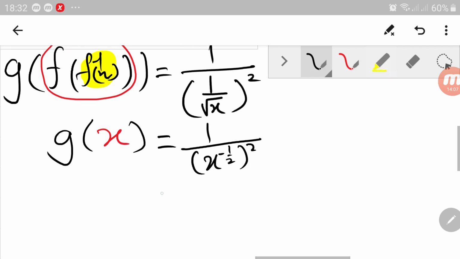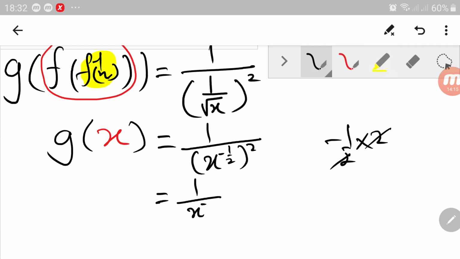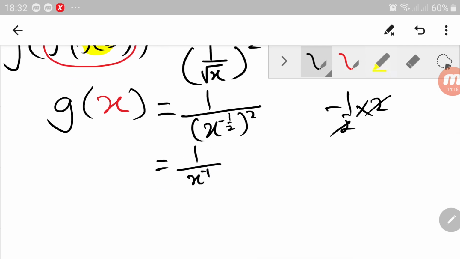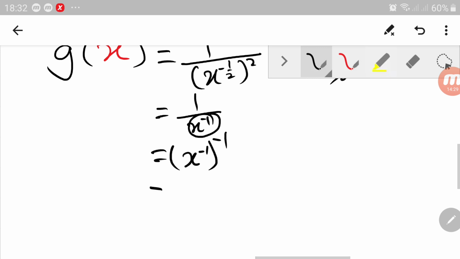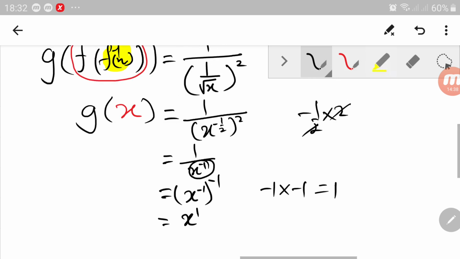It's easier. So minus half multiplied by 2 is minus 1. So 1 over x minus 1. 1 over the whole thing is the whole thing to the power of minus 1. And the whole thing is x minus 1. So it's a bracket: minus 1 multiplied by minus 1 is positive 1. So the answer is x.